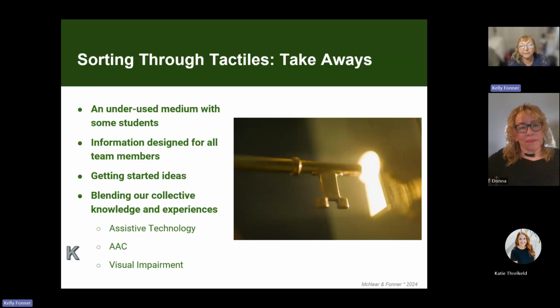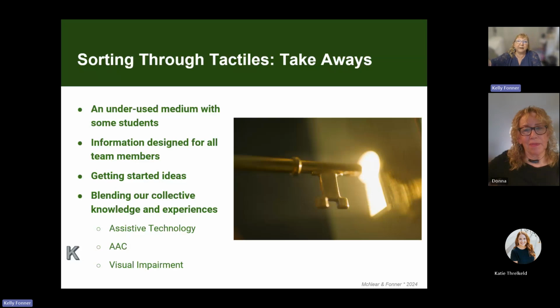Remember that the information, and please share this information with all team members. This isn't just for your team member who might be a teacher of the visually impaired. It might not just be for somebody that's doing AAC with tangibles, but for all people. You see the videos that we're using are from family members and how they're using, and many of the pictures are pictures from homes.